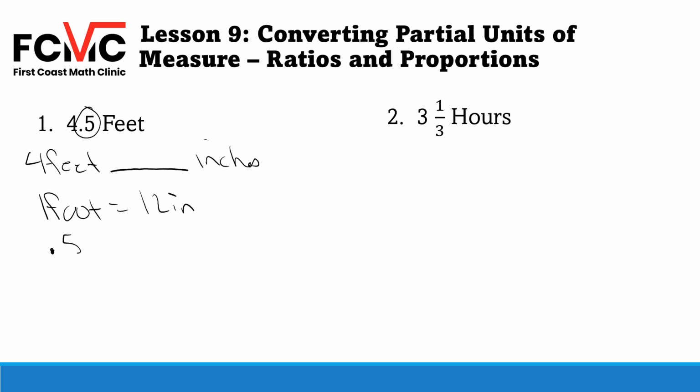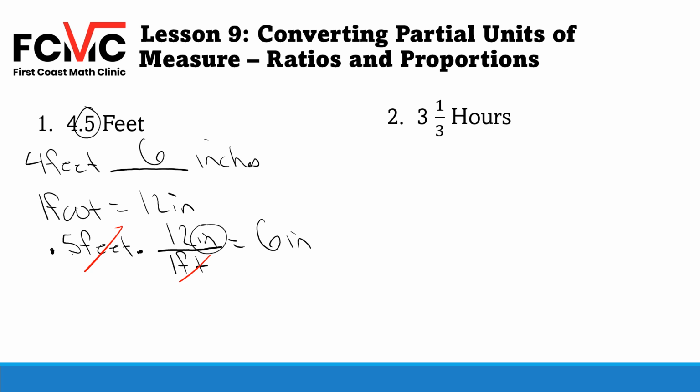So we've got 0.5 feet. Let's multiply that by our conversion, putting 1 foot in the denominator and 12 inches in the numerator. So feet and foot cancel out, and 0.5 times 12 is going to give us 6, and our label stays inches. So we get 4 feet and 6 inches.